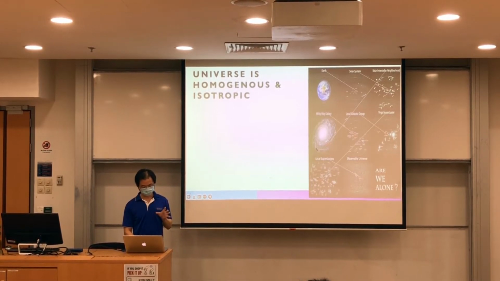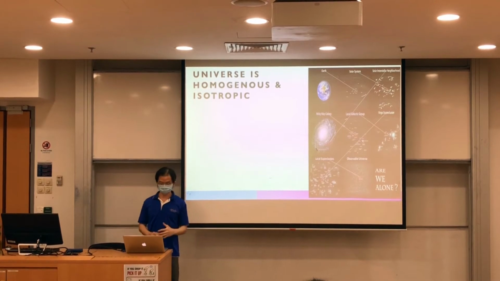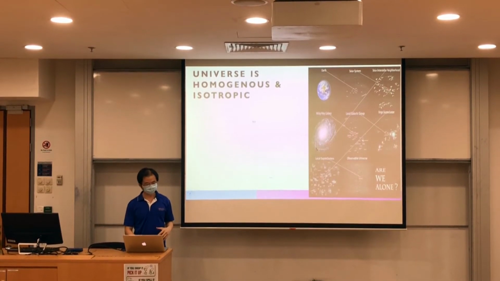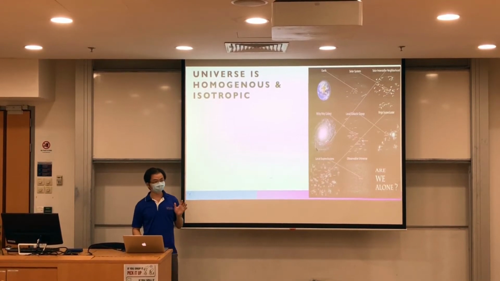So the question is, what do we observe as a whole in the entire universe? So the universe is, roughly speaking, homogeneous and isotropic. So we will make these terms clearer later. And later when we will build a theory for the universe, it will be based on this assumption.